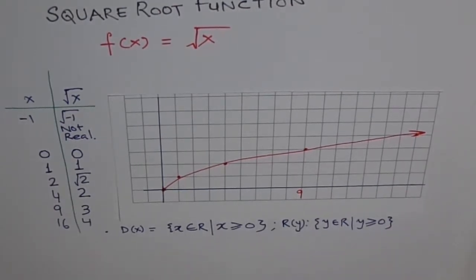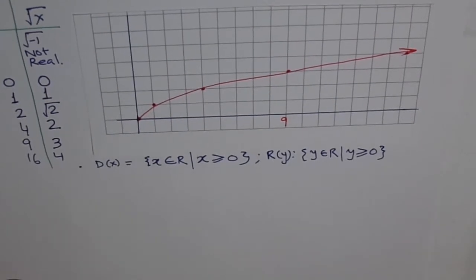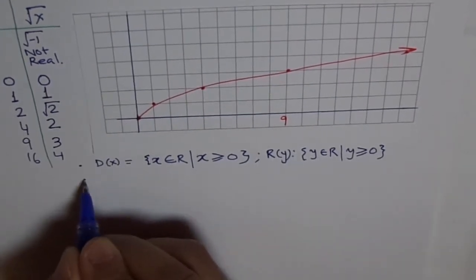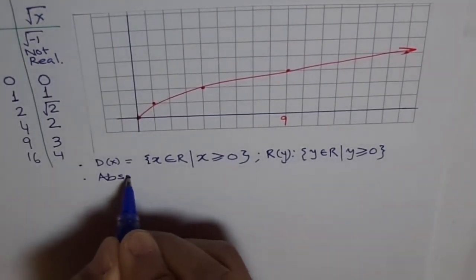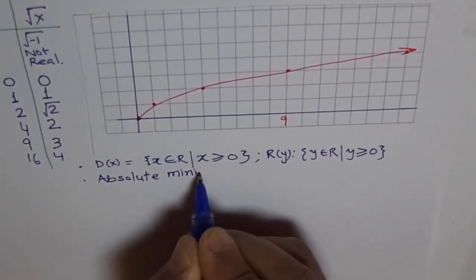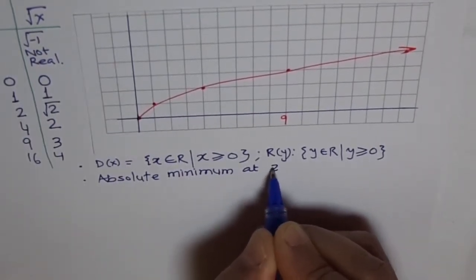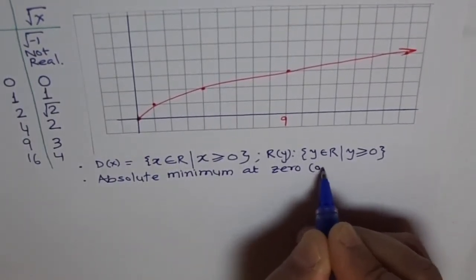So we have absolute minimum at 0, correct? Let's write down some properties here. We have absolute minimum at 0, the origin.